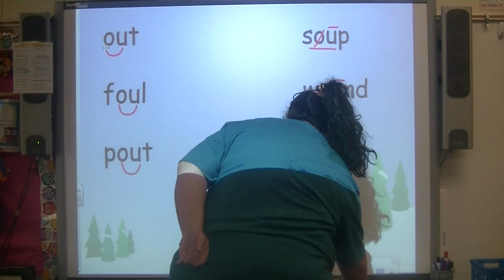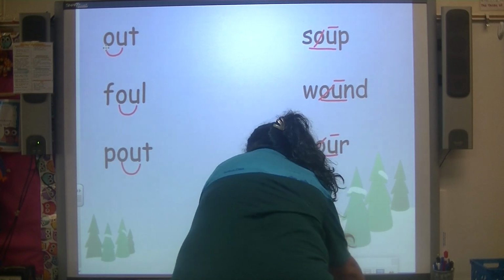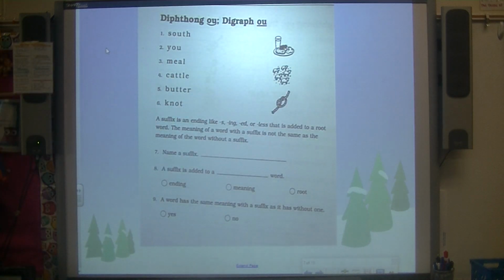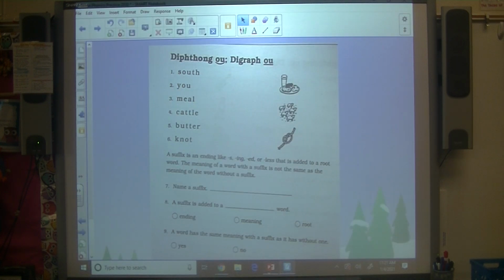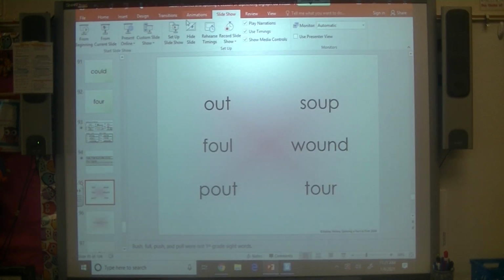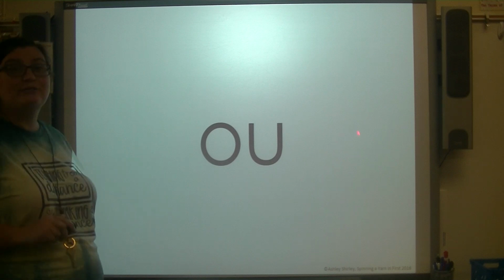All right. Now let's look at our new cards. Now, when we name the letters, this has two sounds.